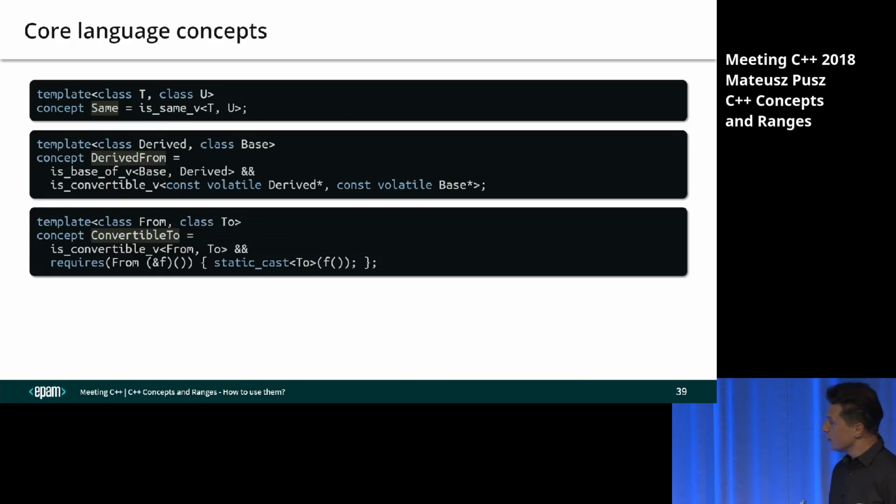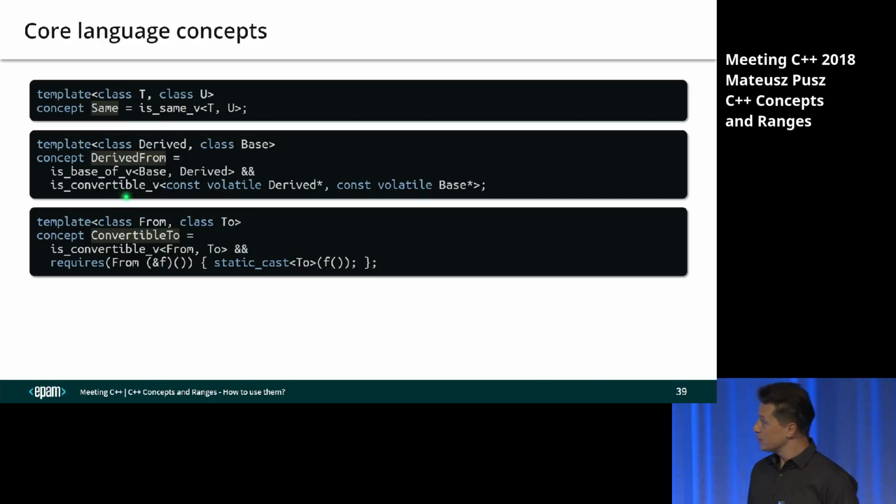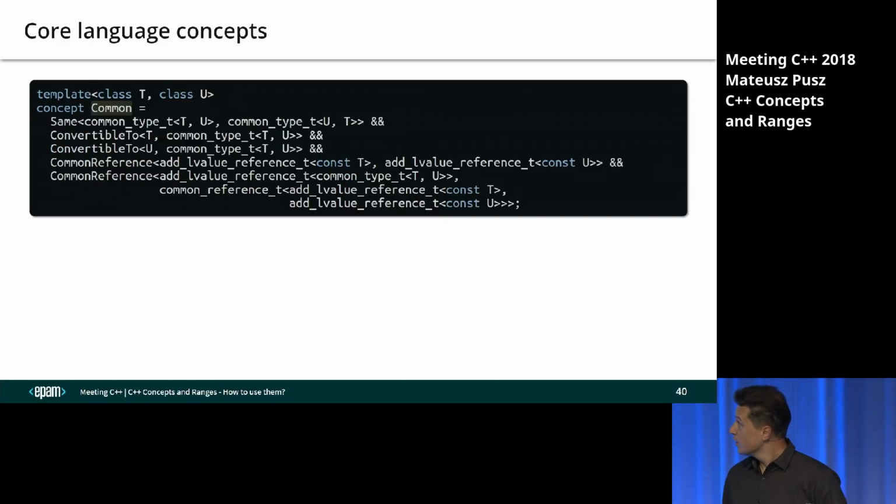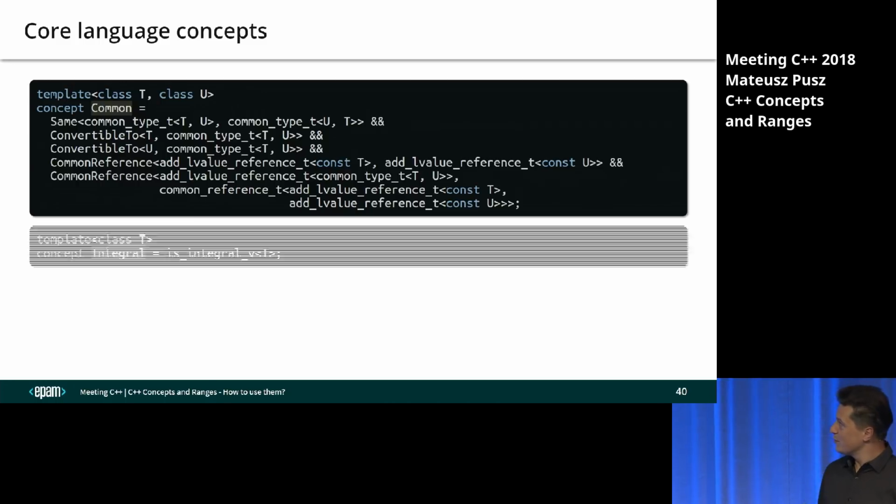Convertible is another difference from the type trait, because is_convertible only demands implicit conversions, while the convertible_to concept requires both implicit and explicit conversion. Common_reference is new stuff. It means that both types can have some common reference type that both can be converted to. There's also a bigger concept for a common type.